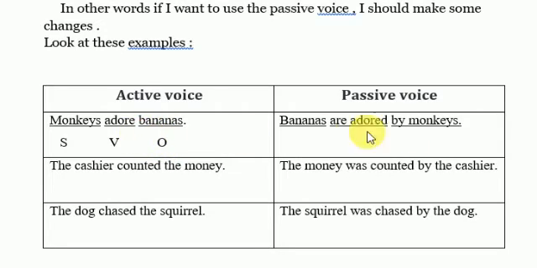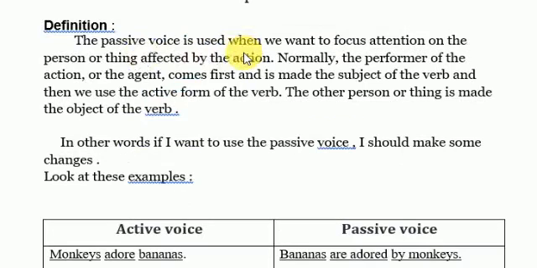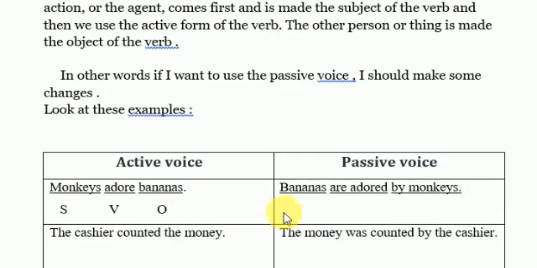If I want to change it into a passive voice sentence, it will be this way: Bananas are adored by monkeys. Here in the definition I said that we use the passive when we want to focus attention on the person or thing affected by the action. Monkeys adore bananas.